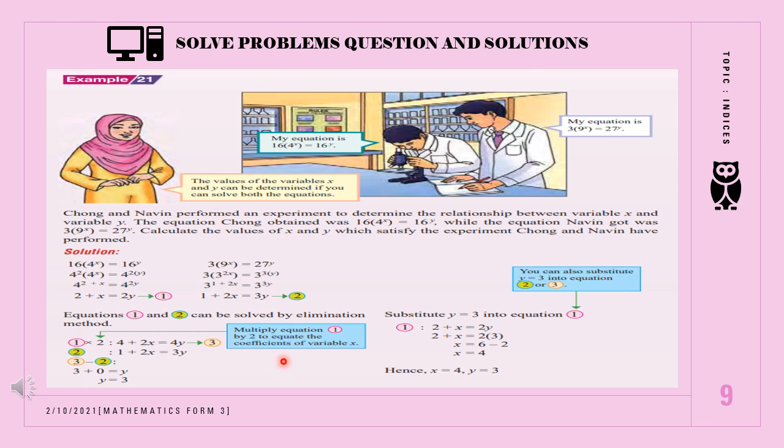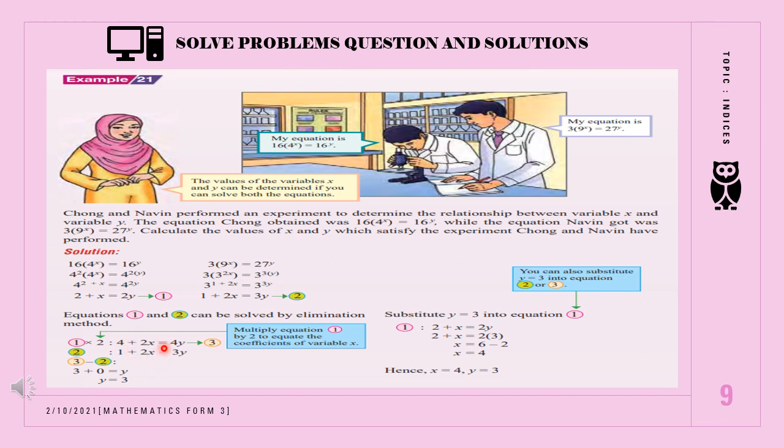And then we use the second method. The second method is elimination. Equations 1 and 2 can be solved by the elimination method. So we need to make the x terms the same, with 2x, because the first one is a single x and the second one is 2x.